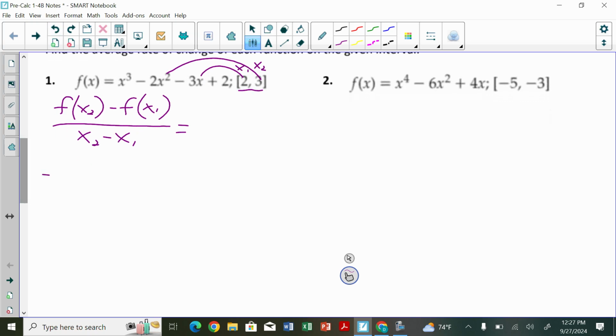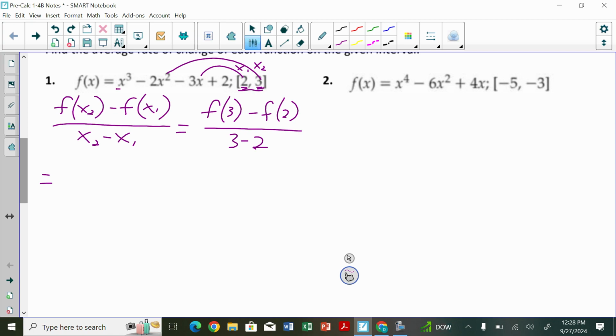That is equal to f of x2, so it would actually be f of 3, minus f of 2 over 3 minus 2, because we're taking the second point and subtracting the first point. On the numerator, you're evaluating those functions, and in the denominator, you're just subtracting the interval. First time through, we'll write out the whole thing.